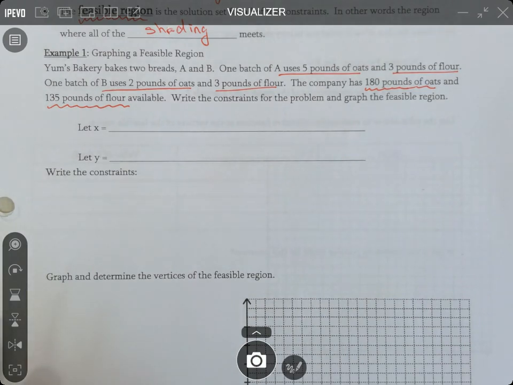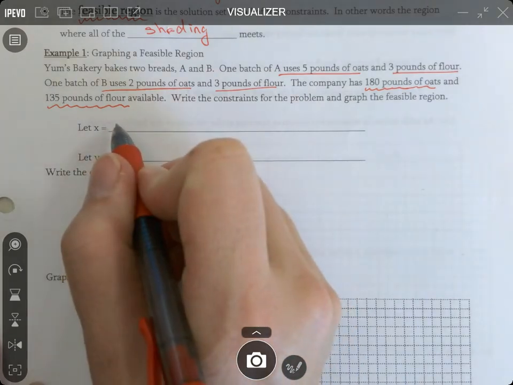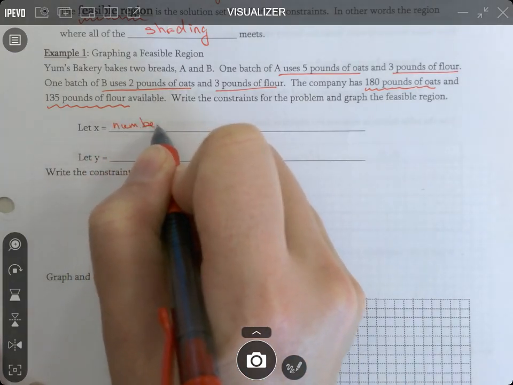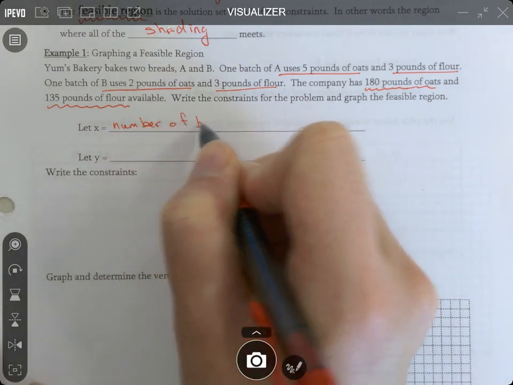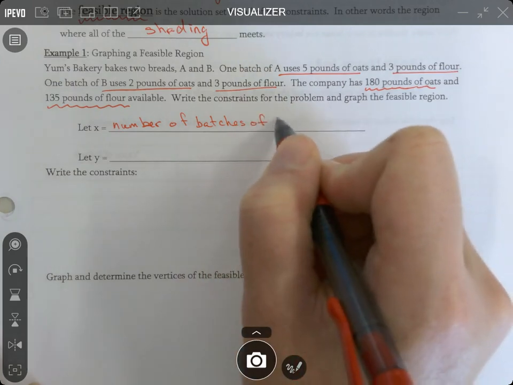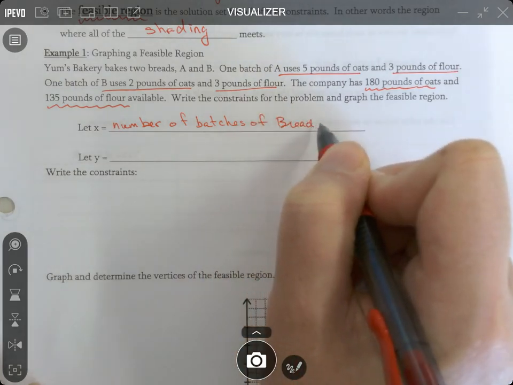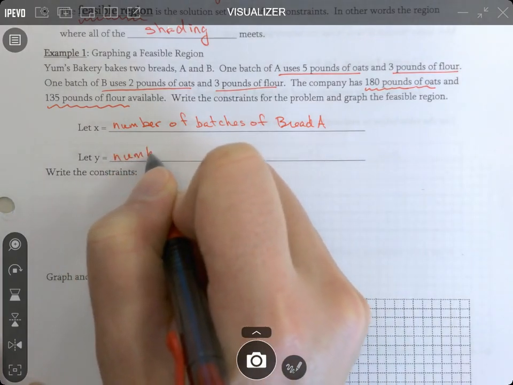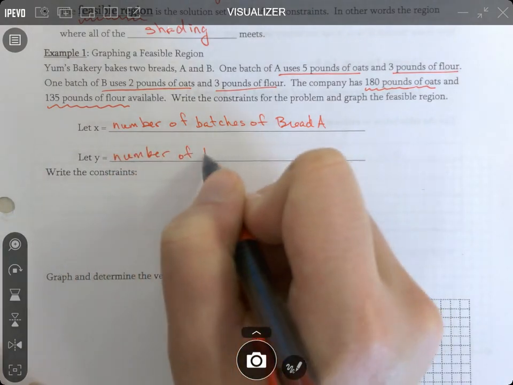I'm looking for the amount of each batch. So I'm going to let X be the number of batches of bread A, and Y be the number of batches of bread B.